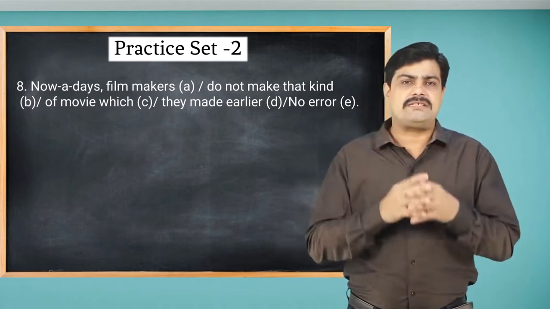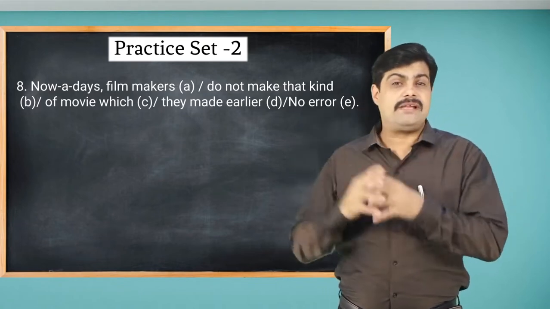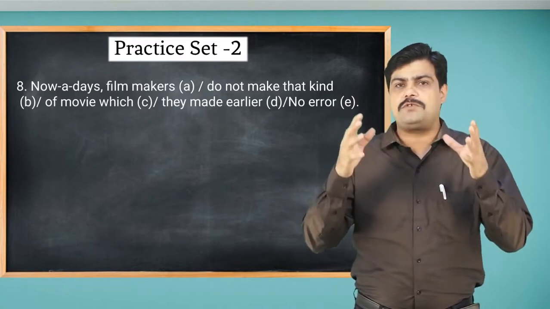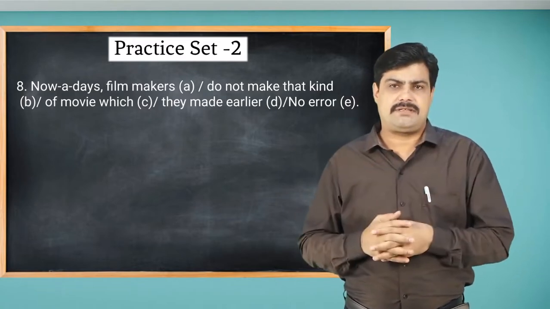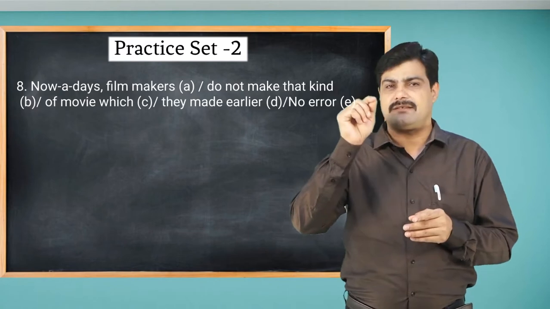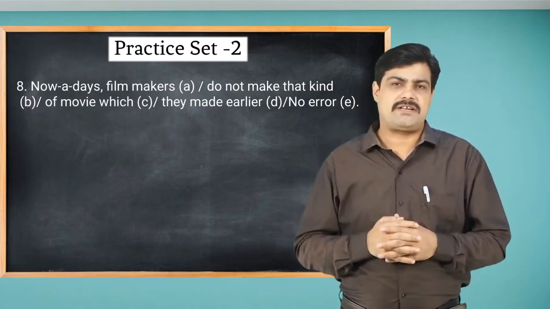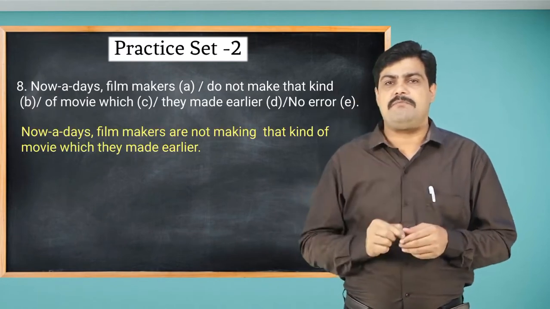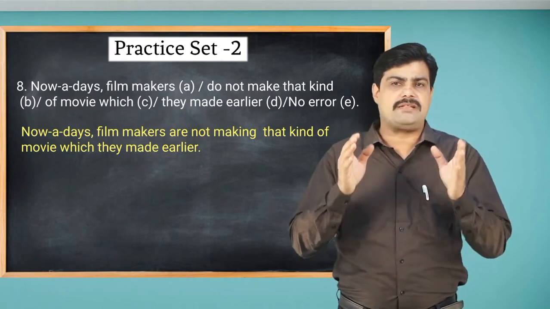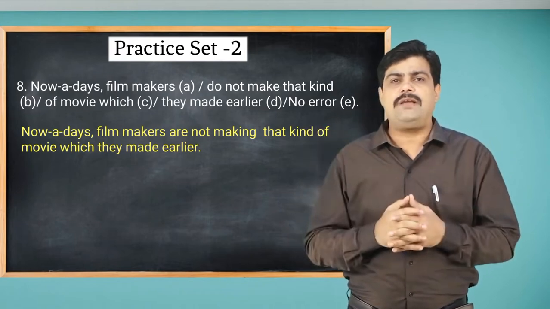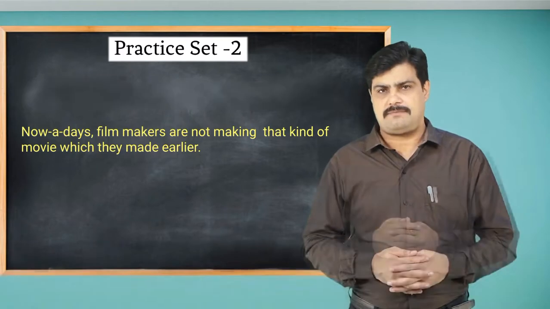Here in this sentence, nowadays is used in the beginning. So tense would be continuous, that is, are not making. See the correct sentence now. Nowadays, filmmakers are not making that kind of movie which they made earlier.